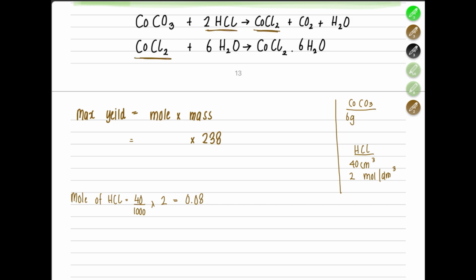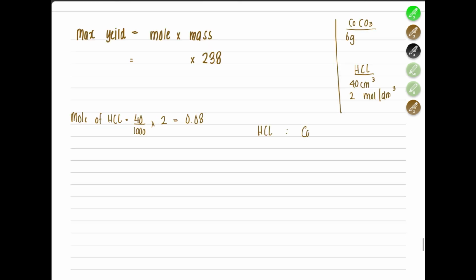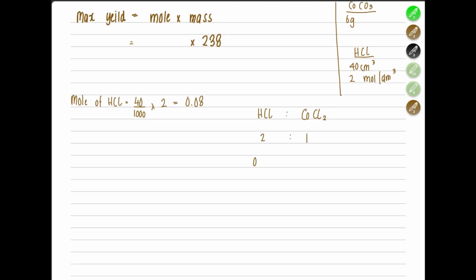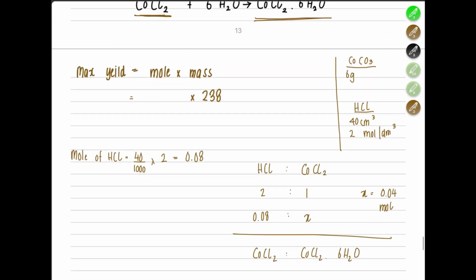Now we know the moles of HCl, and we can use that to find the moles of CoCl2, and then the moles of CoCl2.6H2O. This is what we need. HCl to CoCl2 is in the ratio of 2 to 1. So if the moles of hydrochloric acid is 0.08, the moles of CoCl2 is going to be 0.08 divided by 2. This is 0.04 moles. Now, what is the ratio to the hydrate?